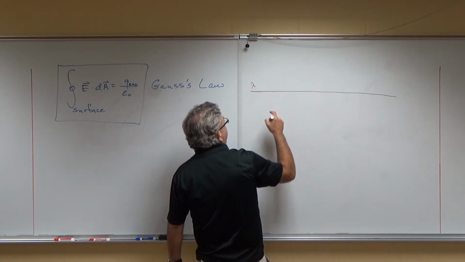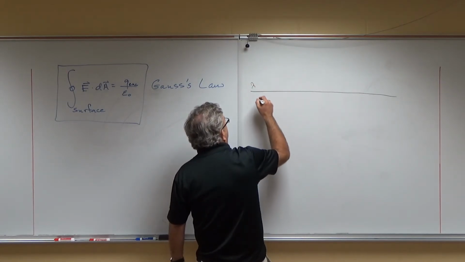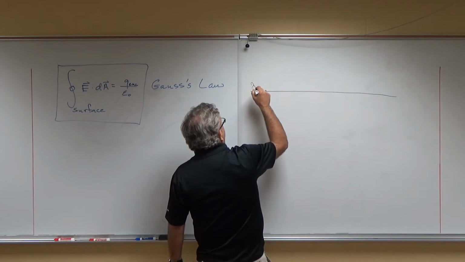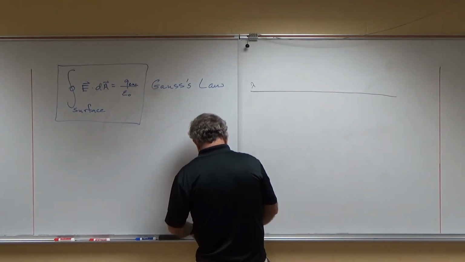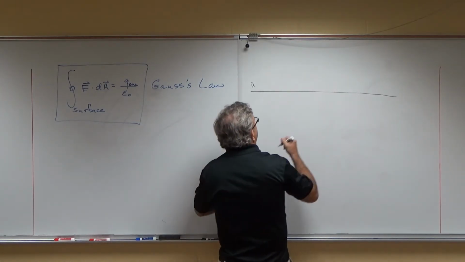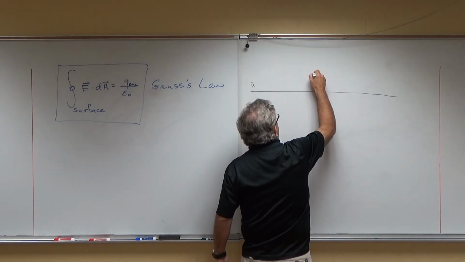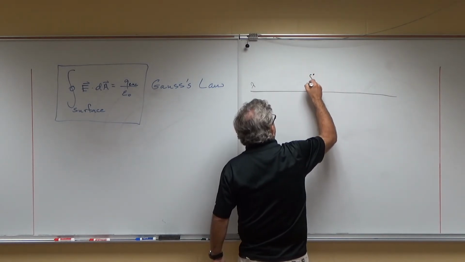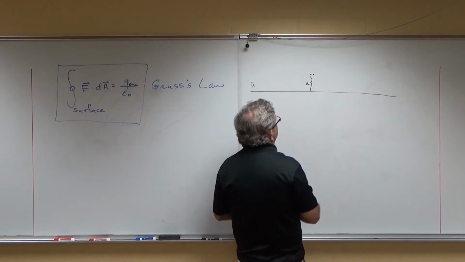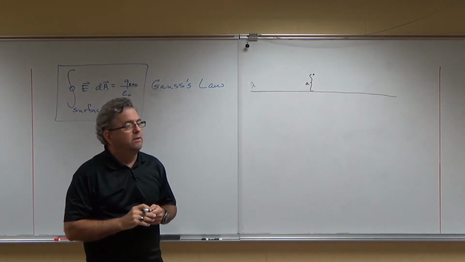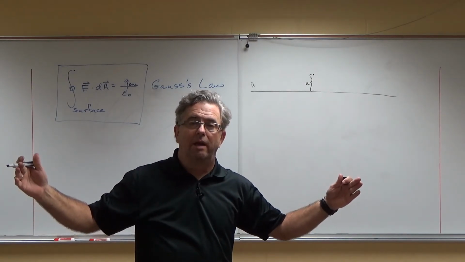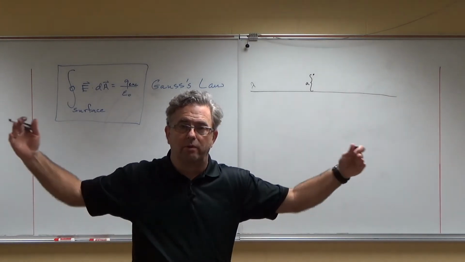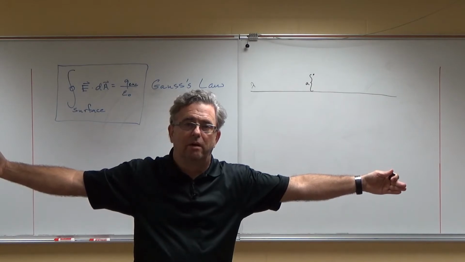Here's a line of charge, I'll make it positive, and it has some charge per unit length lambda, and I want to know what's the field at a distance. Let's say you're a distance A above the wire. This is a very, very long charged wire, not the finite wire.